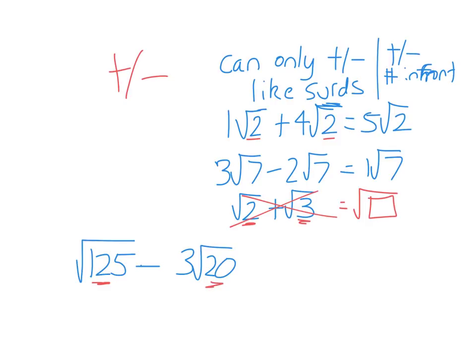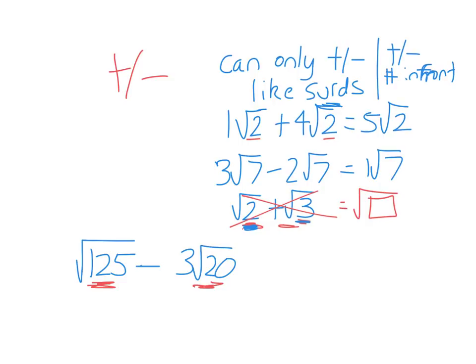In the previous example, I said you couldn't add or subtract surds if they're not like surds. But the thing is, if I simplify this surd and this surd, they will become like surds. So the difference is, in the previous example, I couldn't simplify root 2, couldn't simplify root 3. That's why I couldn't add them together. But here, I need to first check whether I can simplify, and I can.